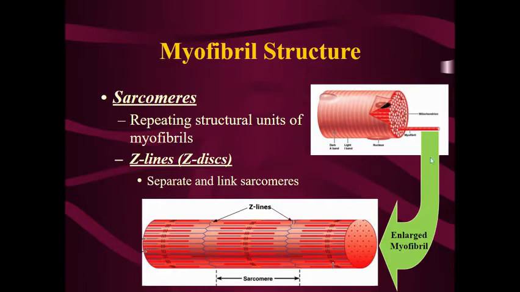You can see the picture up here is a muscle fiber, and then they've enlarged a myofibril. Here we can see one complete sarcomere, which is enclosed by those Z lines, and then another sarcomere off to that side and another off to that side.